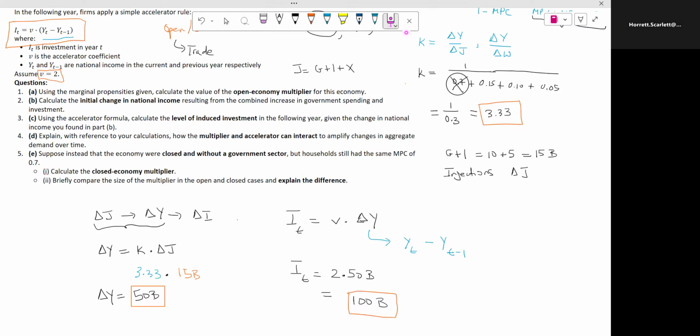50 of that is going to be based on the increased national income. And also, I'm saying that 50 billion is going to be derived by the national income, but also in terms of investment, we are saying that $100 billion is then going to be invested inside of the system.